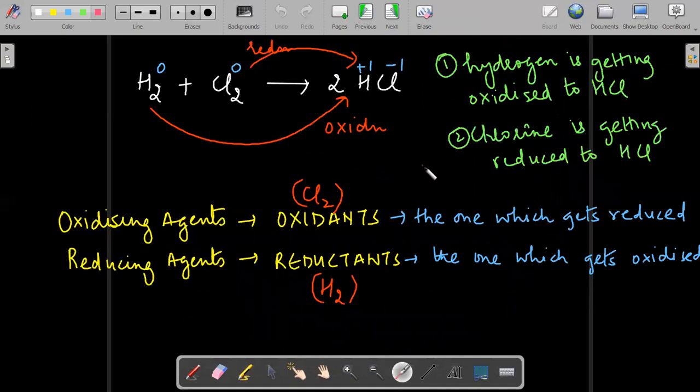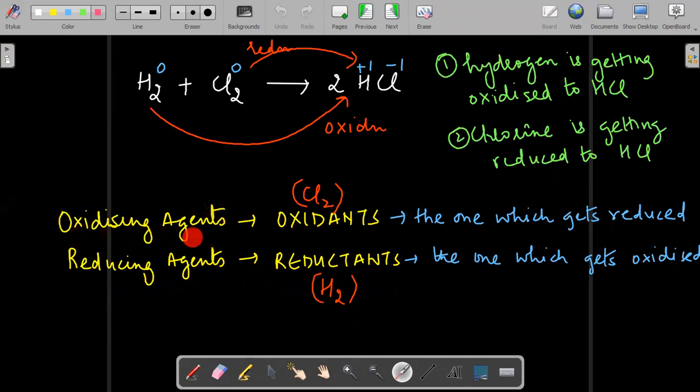Now, after identifying the processes of reduction and oxidation, if you remember from previous classes, there are something called oxidizing agents or oxidants, and reducing agents or reductants. Okay. Now, what are oxidizing agents?